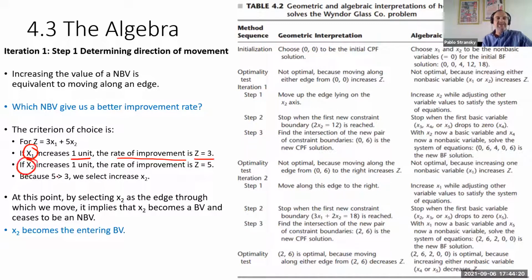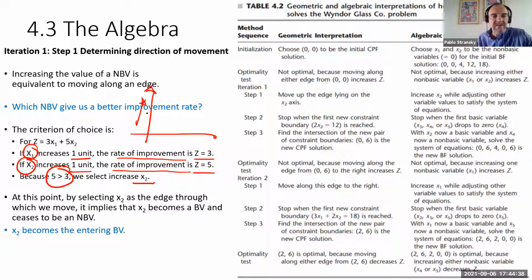And if we increase x2 by 1 unit, our rate of improvement would be z equals 5. Because 5 is greater than 3, we select to move through x2. When we did the geometric solution, we said that we would be moving this way through x2 because it will enhance our performance, remember? And it's exactly the same decision we're making here.